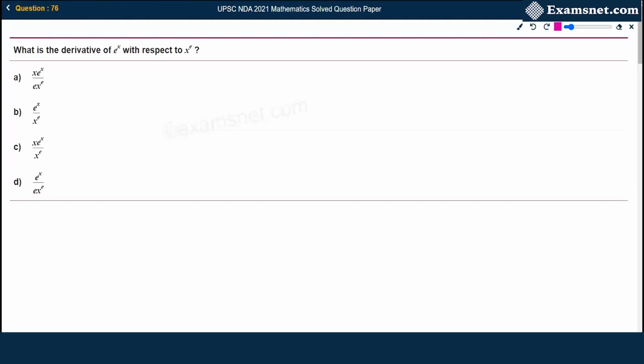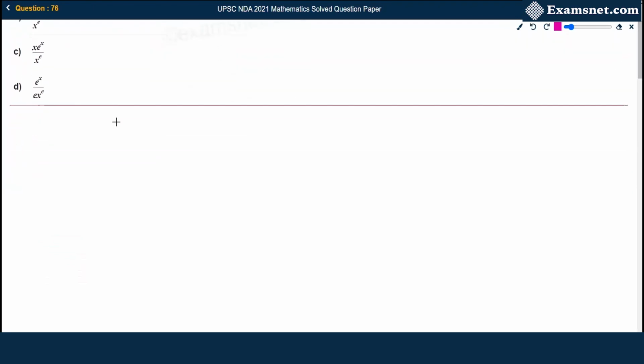In question number 76, it's given: what is the derivative of e to the power x with respect to x to the power e? So we can assume, let's say, y equals e to the power x, and let's say t equals x to the power e.